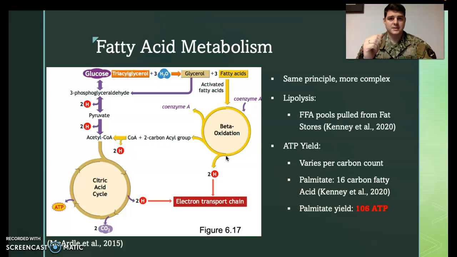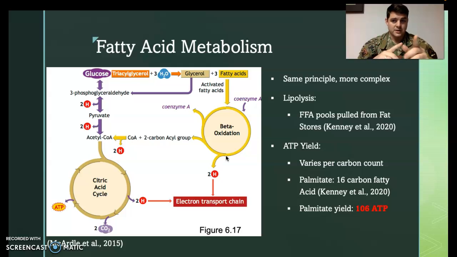So fatty acid metabolism has kind of the same principle. It's a little more complex. There are some extra steps involved, but once again, following that general guideline of having that acetyl-CoA as the key into the door to the Krebs cycle, we have to break down to that point. The way that happens is through lipolysis: those triglycerides are broken down into their most basic form, which is 1 glycerol with 3 free fatty acids.